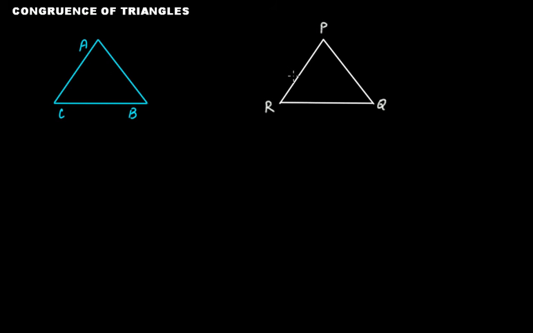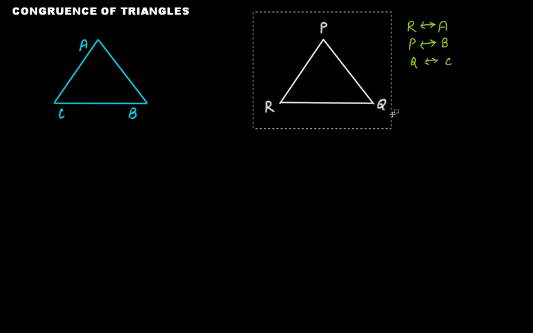But when you try to superpose triangle PQR on ABC, then rather than P falling on A, Q falling on B, R falling on C, what will happen is that, let's say, R will fall on A, and P will fall on B, and Q will fall on C. That is, R and A are corresponding vertices, P and B are corresponding vertices, and Q and C are corresponding vertices. Let's see what will happen.